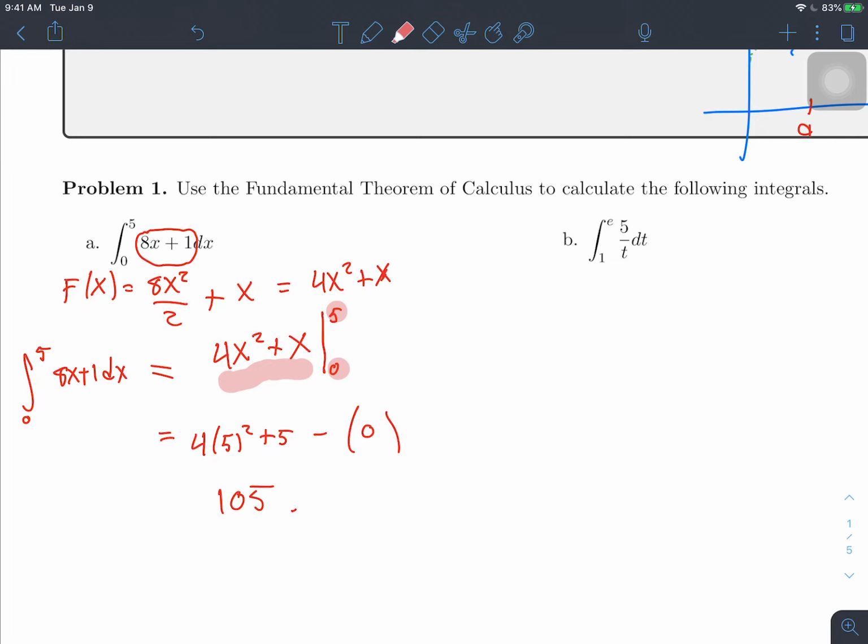When I say evaluated at 5 and 0, I mean first plug in 5, then put your minus sign, then plug in 0. So the top number is the one we plug in first, and the bottom number is the one we plug in second.